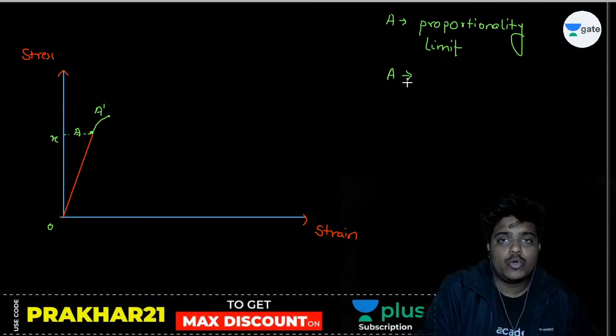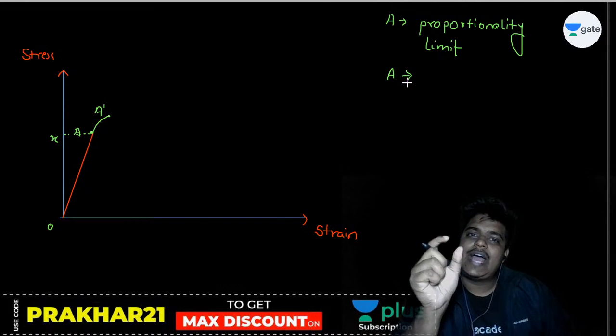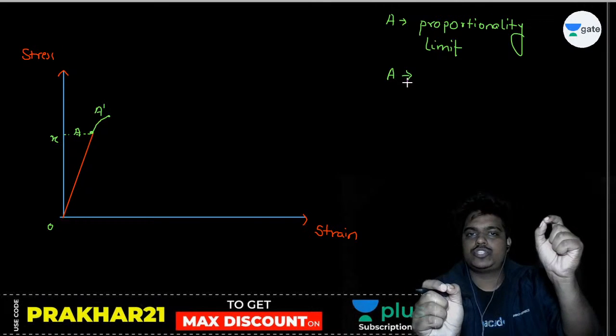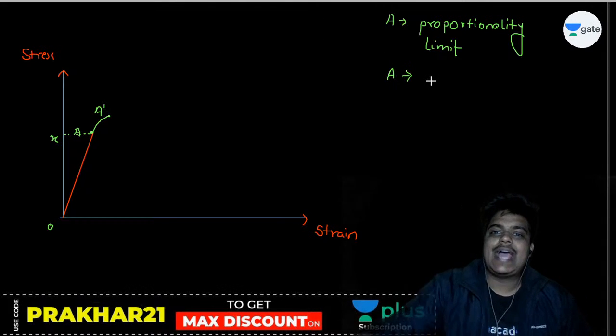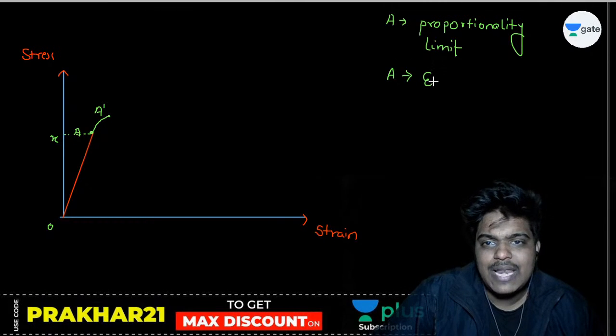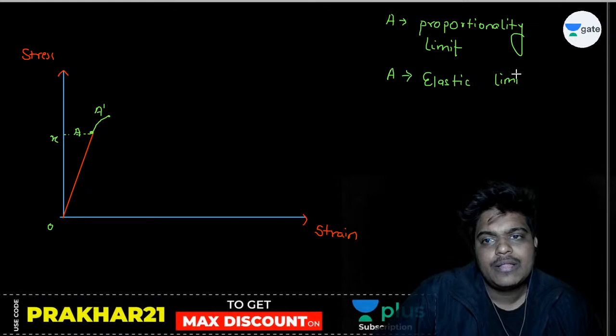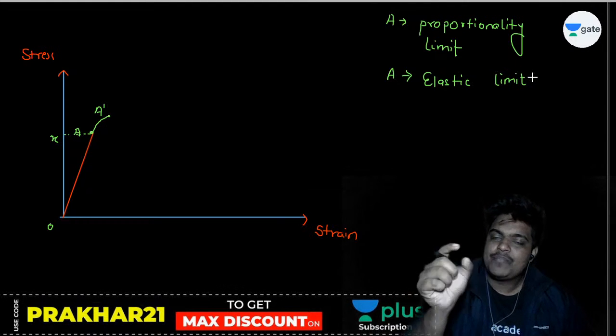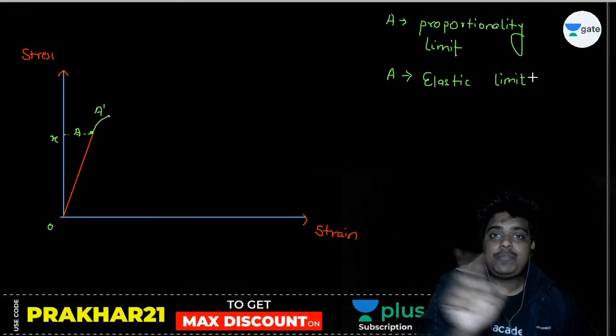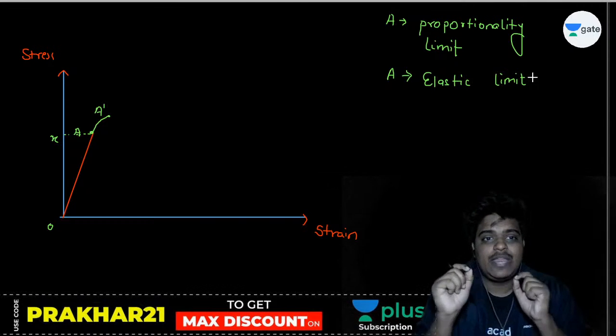It will again come back to O. But between A and A dash, stress is not directly proportional to strain. That is important. Okay? So A dash is known as the elastic limit. Between A and A dash, elasticity is followed, but proportionality is not followed. That is a very important point.